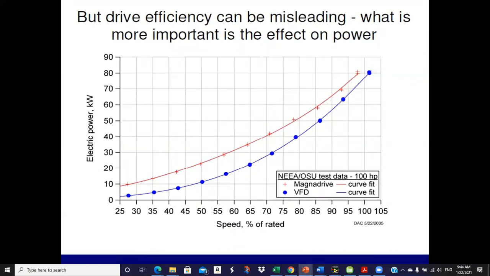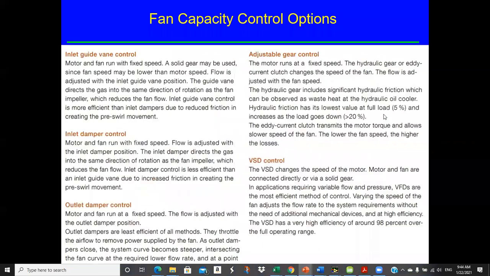Other ways to make motors variable speed, this is a magnet drive, a magnetic coupling slip type drive, not as efficient as a VFD. And so you see with the VFD the overall electrical power falls more, but still, even with a magnet drive, it still comes down pretty significantly as we reduce speed.